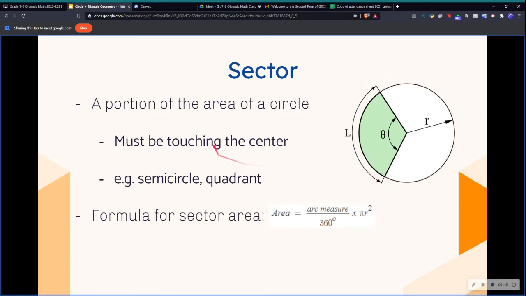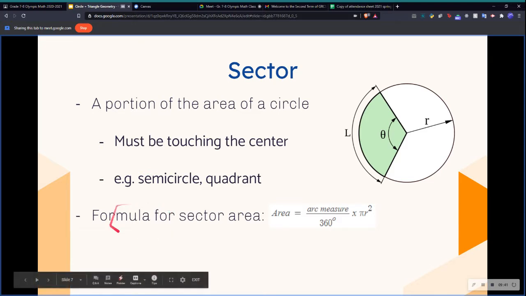It's called a sector, and as said here, it must be touching the center. Some common names for sectors include semicircle, which is half of the area of the circle. We also have quadrant, which is 1/4 of the area of the circle. So these are some common sectors you should know about.